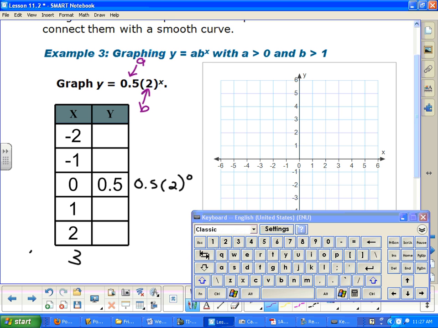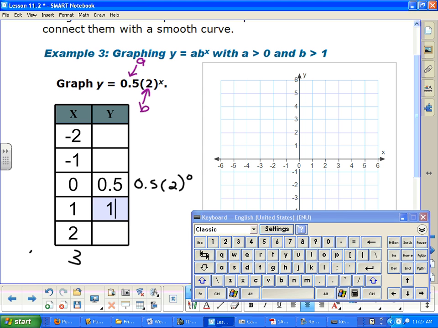A is our starting value, and B is how much it changes by each time, right? So if I had 0.5 here at 0, then to get the next number, I'm going to multiply by 2. So what's 0.5 times 2? That would be 1.